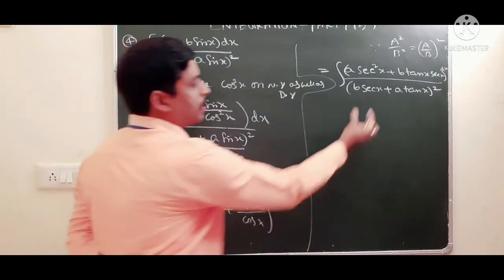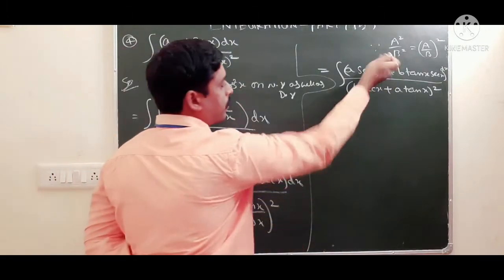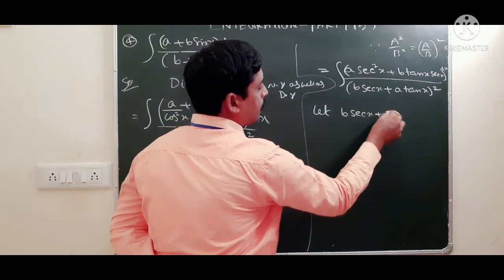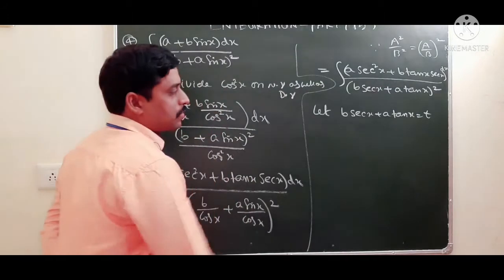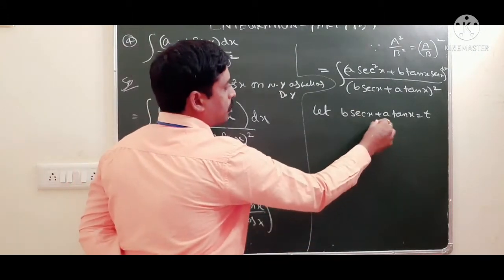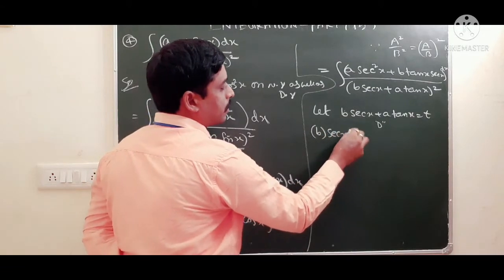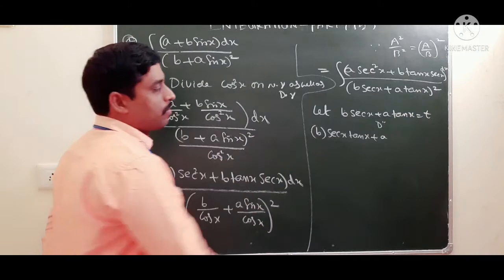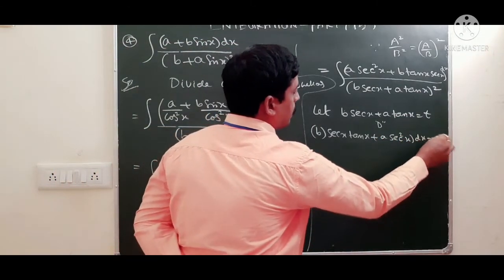So let us take b secant x plus a tan x is equal to t, because this derivative is there. Now derivative on both sides. b constant, derivative of secant x is secant x tan x. a constant, derivative of tan x, we get secant square x. dx is equal to dt.